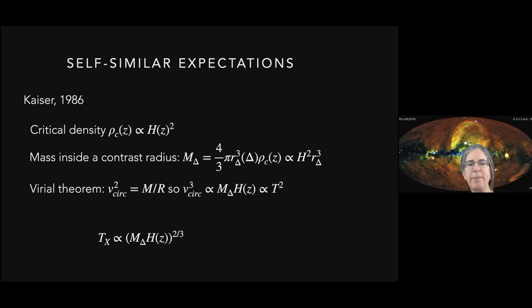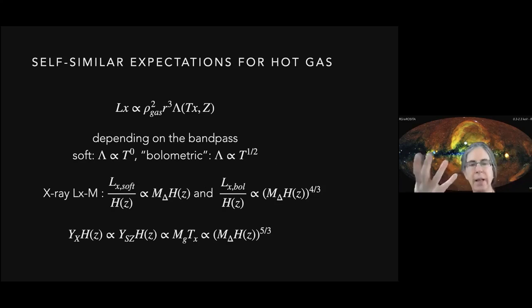This self-similar expectation also allows us to scale observed properties of clusters at different redshift to put them on the same footing with respect to each other. So you'll see self-similar scaling, even though self-similar might not apply. Then you just take that a little further, as Kaiser did in 1986, and estimate what the expectations are for the hot gas.